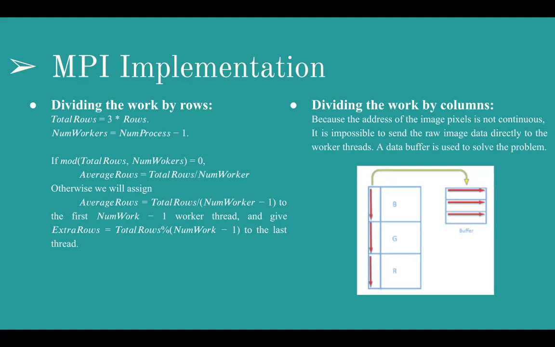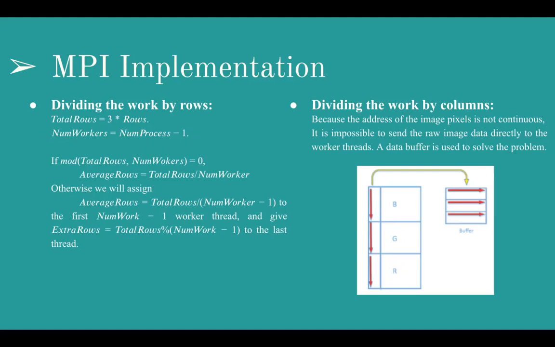So we can just easily treat it as a single channel image with 3 times the number of rows. So the total rows is 3 times rows, and the number of workers is the number of processes minus 1, because we have a master thread.